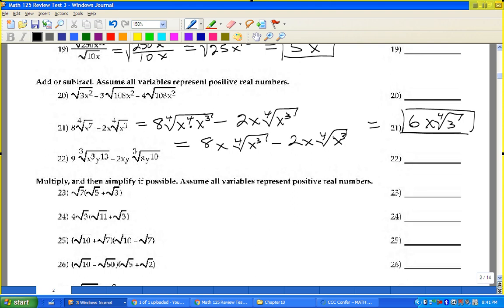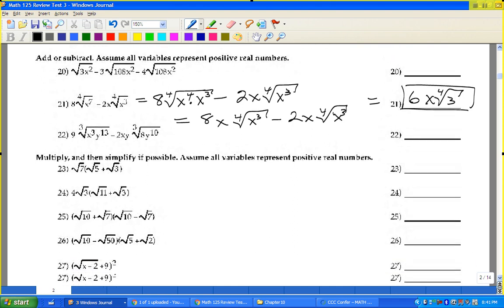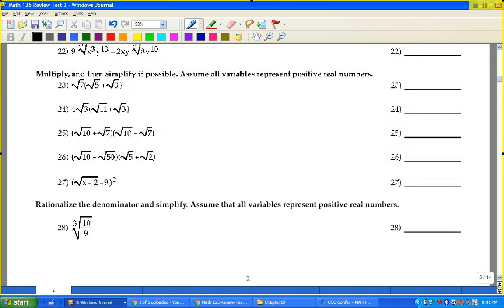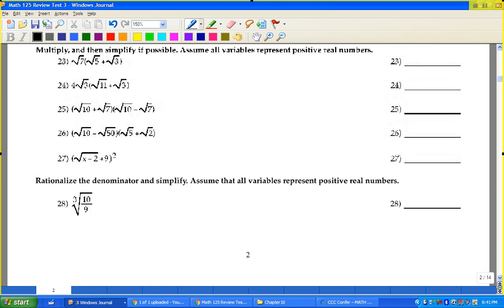Okay. Let me do problem number 22. I may not have enough room here, so let me do problem 22 on the next page.